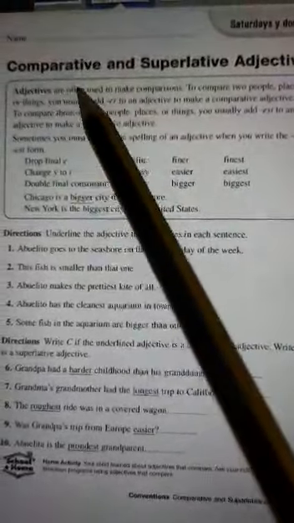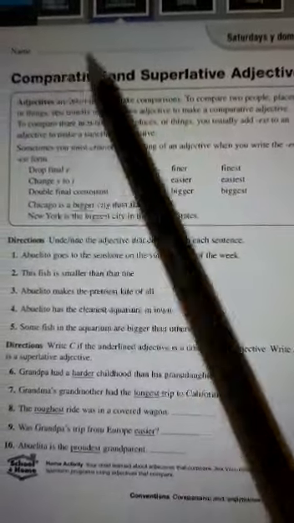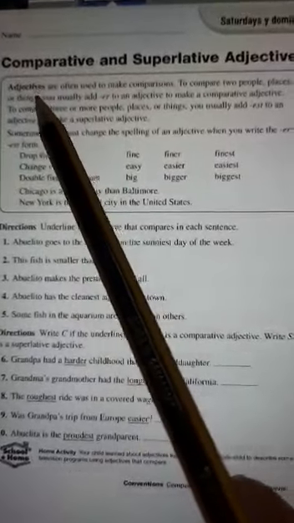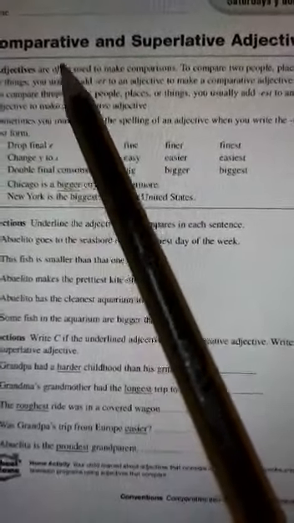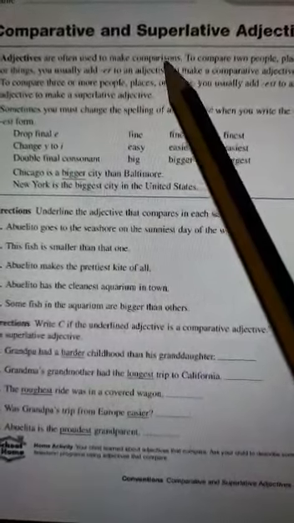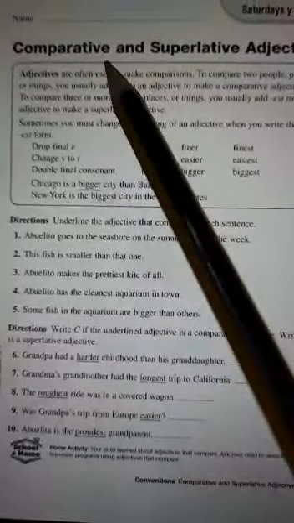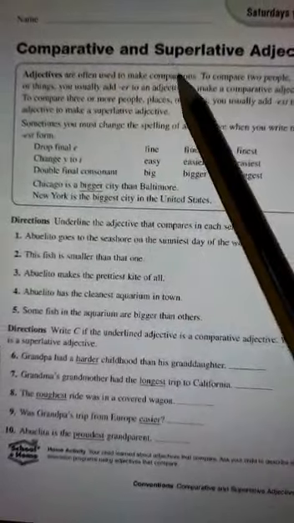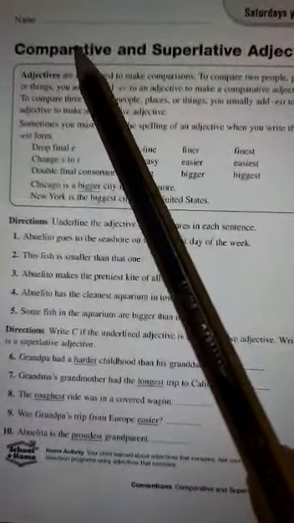What do we mean by these two terms, two ideas, comparative and superlative? Let's start to read from here. Adjectives are often used to make comparisons. So the adjectives are used to make what? Comparisons. These comparisons come from the word comparative.